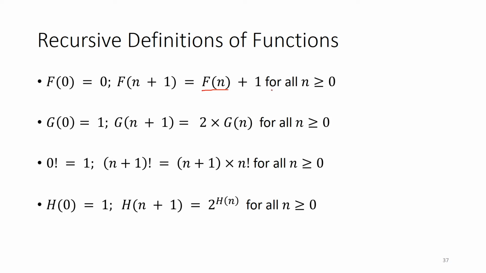The next one is much more complex, which is function h. h of 0 will be 1. When you want to find the next step, h of n plus 1, you need to apply 2 to the power of h of n. So the first step will be 1. And the next step will be 2 to the 1, 2 to the first, that will be 2.